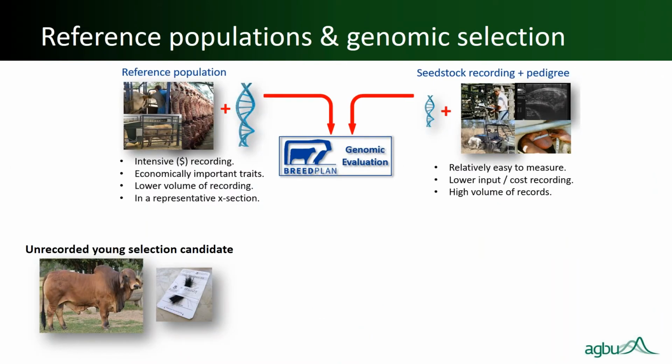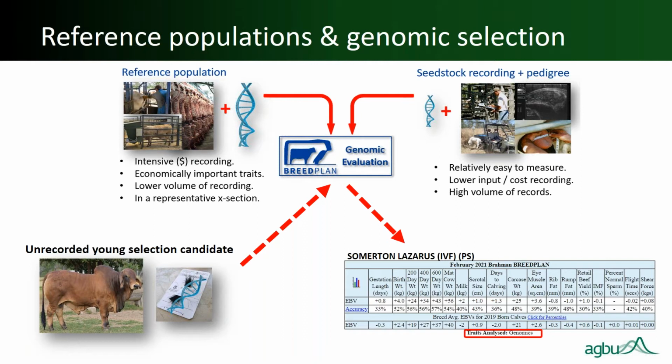With that idea in mind, the real opportunity this system now opens up is that we can take a young, unrecorded animal. This is a specific animal that was presented for sale at Brahman Week a few years ago, and he essentially had no EBV information on him until he was genotyped. That information was put into the BreedPlan genomic evaluation, and as a consequence of the recording that happened in the reference population, he was able to get breeding values based purely on genomic information alone.